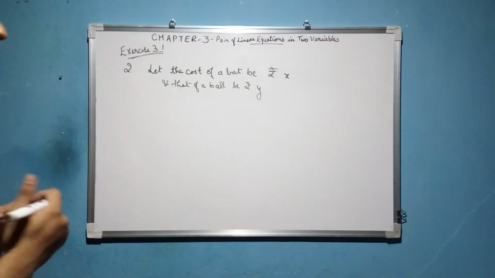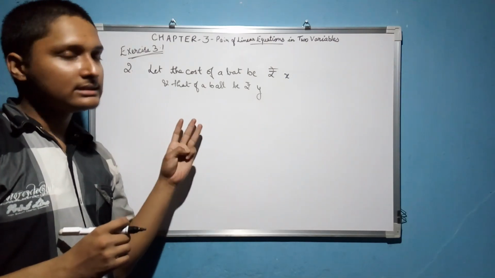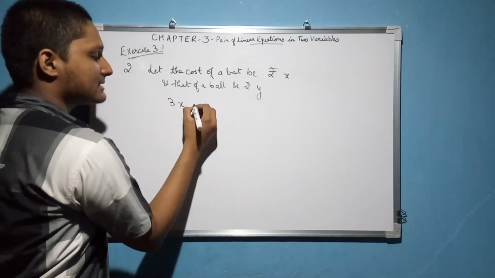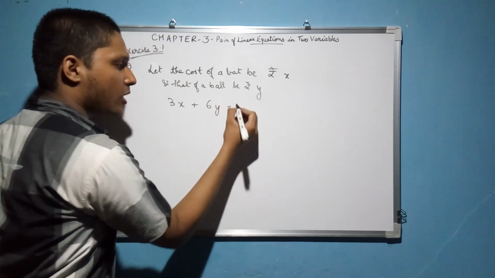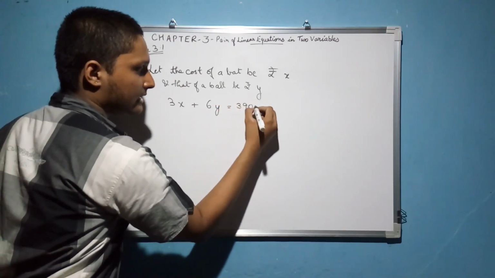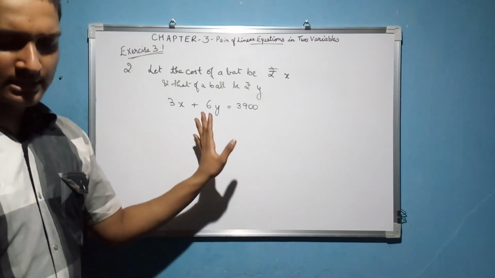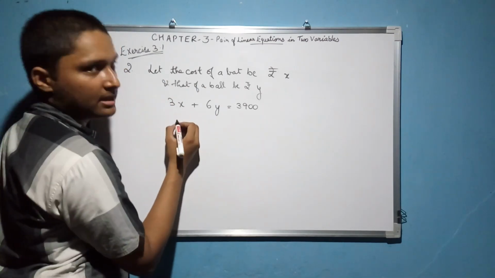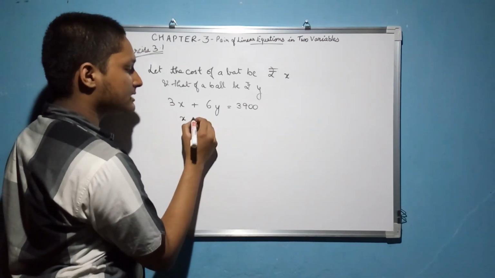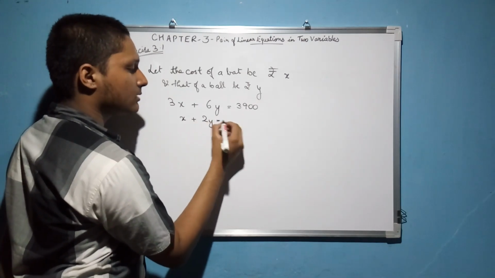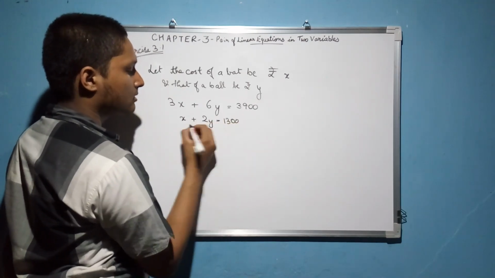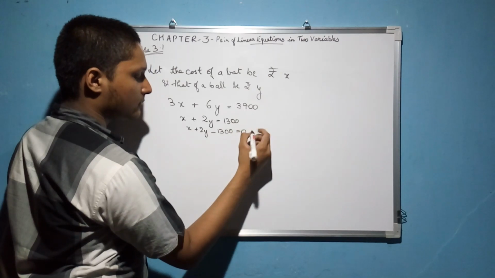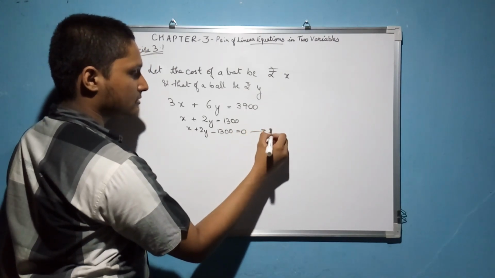The condition given here is that in the first case they bought 3 bats and 6 balls, which cost rupees 3,900. Since 3 is common, I can make it into a simpler form. This becomes x plus 2y is equal to 1,300, or x plus 2y minus 1,300 becomes 0. This is the first equation.